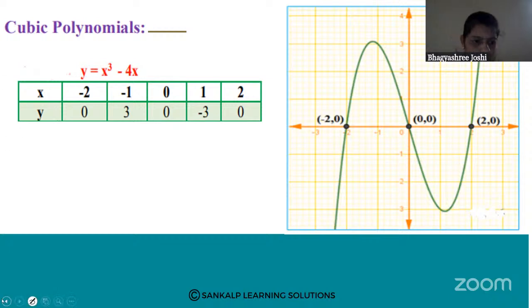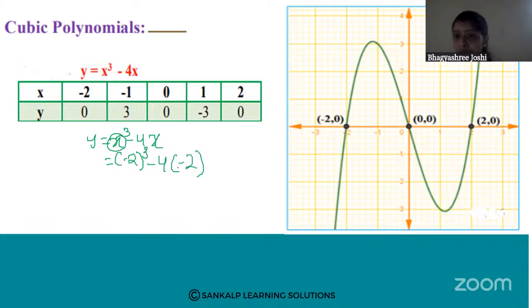y is equal to x cube minus 4x. If I take x as minus 2, x is equal to minus 2 I am taking, right? Minus 2 cube, that means minus 2 into minus 2 into minus 2.